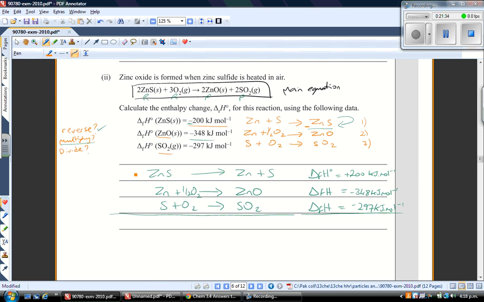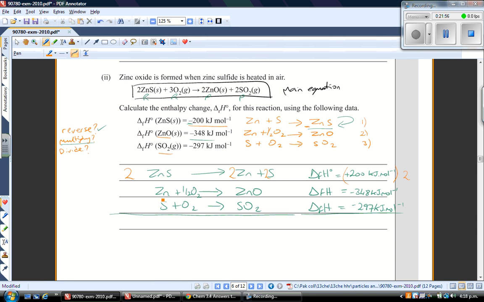We're going to times this by 2, and 2 zinc, 2 sulfur, and then this has to be times by 2 as well, this enthalpy value. So if we do that, we will now have 2 zinc sulfide on the reactant side. We'll have 2 zincs, and then we will have 2 sulfurs.